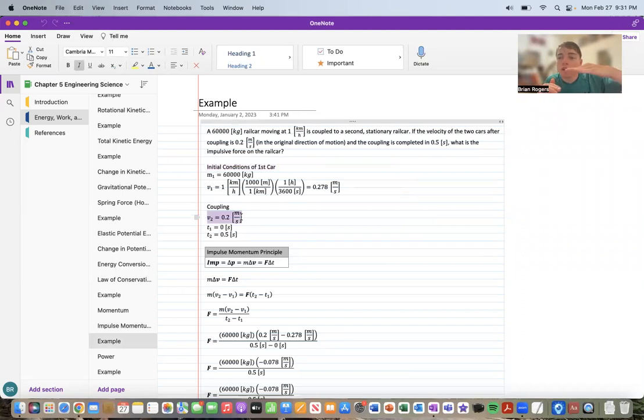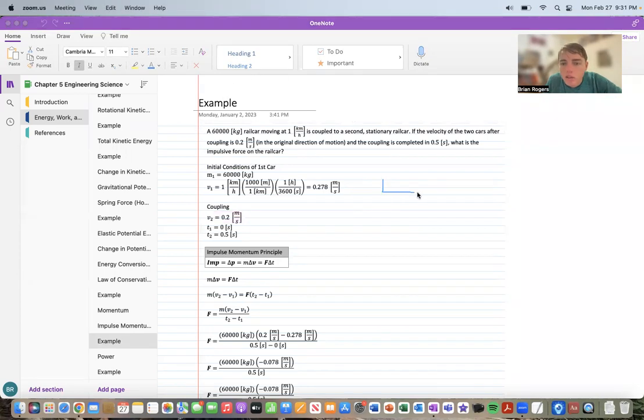So originally we have our first car moving and the second one stationary. And once that first car couples, so it is coupled against, then it is touching the second one.